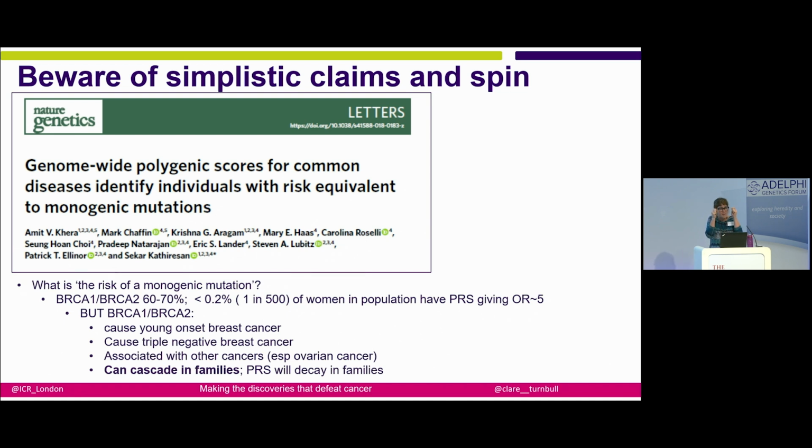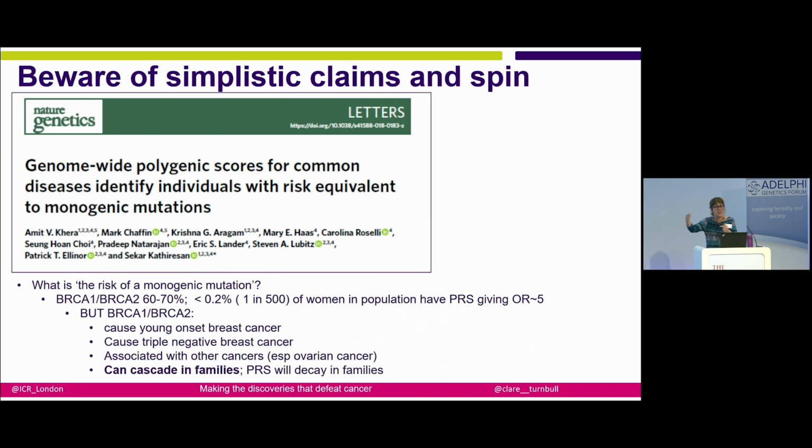But we remember BRCA1 and BRCA2 cause disproportionately young onset breast cancer. They cause disproportionately poor prognosis, ER-negative breast cancer. A lot of these genes are pleiotropic, so BRCA1 and 2 cause ovarian cancer as well as breast cancer, and that's really where your intervention is most impactful.